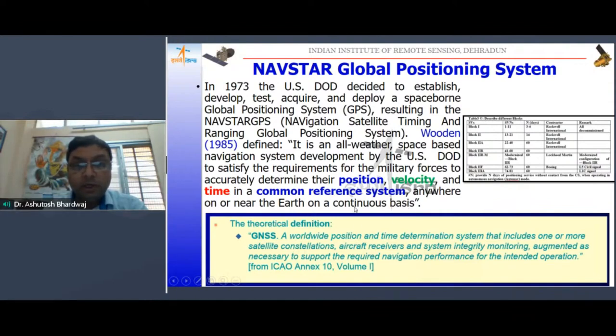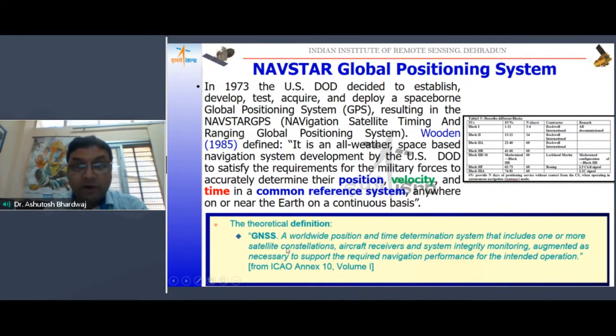Okay, so how is it useful? For an example, we can understand here the requirement of the ICAO. This is the International Civil Aviation Organization, which has the responsibility for standardizing the procedures for safe flying of aircrafts across the world. So from their perspective, they have given a definition of the GNSS, which is defined here as follows. It's a worldwide position and time determination system that includes one or more satellite constellation.